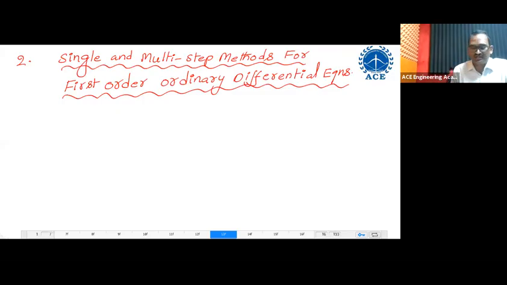What is the general form of a first order and first degree differential equation? Write down.